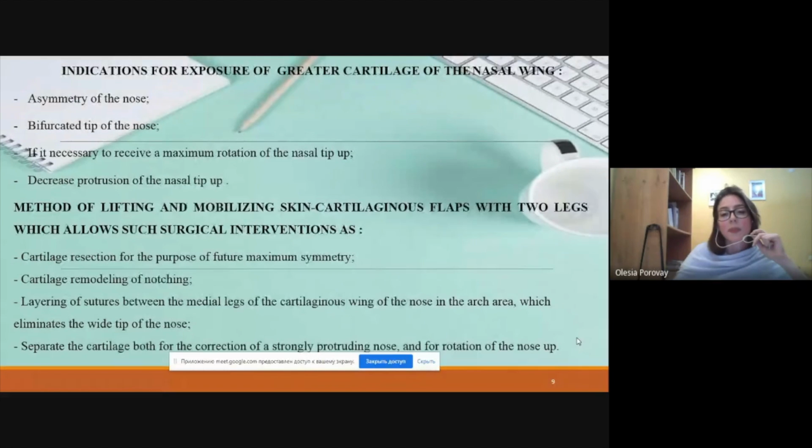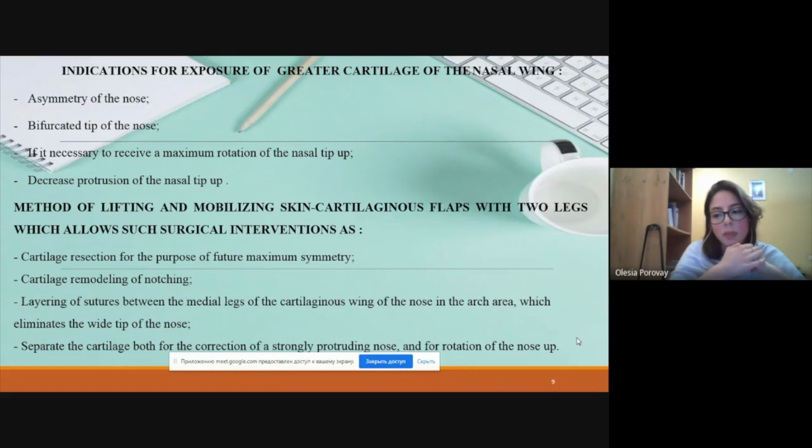It should be noted that retrograde access is almost not used nowadays, and it's replaced by exposure of the great cartilage of the nasal wing. We identified indications for this method, such as asymmetry of the nose, bifurcated tips of the nose, and cases when it's necessary to achieve maximum rotation of the nasal tip up and decrease protrusion of the nasal tip.